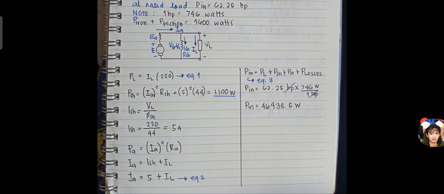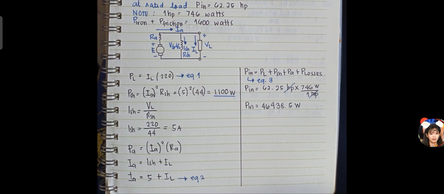First, we get the value of our PL. PL is equal to IL times VL. We have a given value of our VL, which is 220, and we don't have yet the value of our IL since we need to get its value. We conclude this as our equation 1.